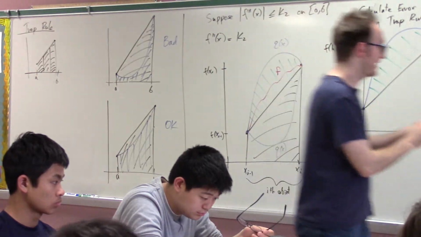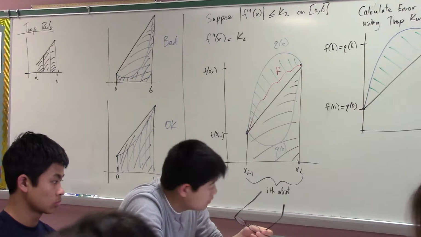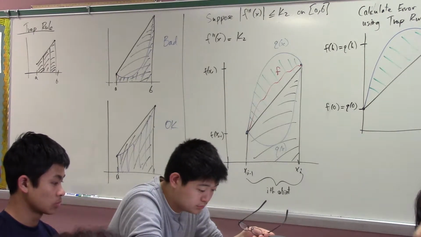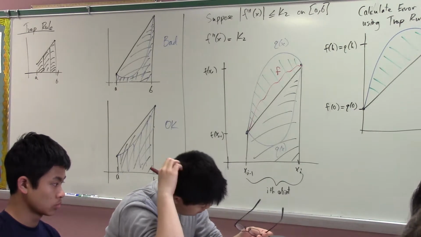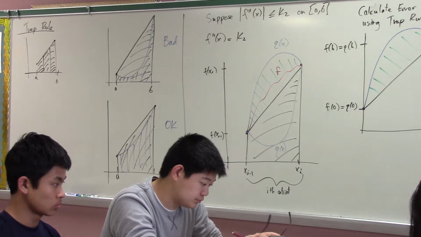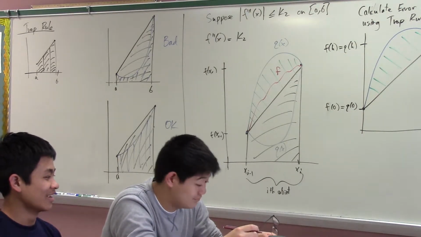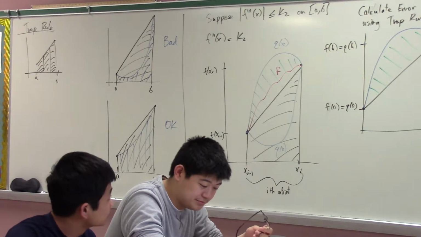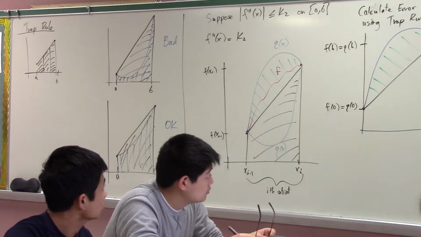Well, there's one thing I know about this q function: its second derivative is k2. So if its second derivative is k2, then we can figure out what this function looks like. What is q prime then? k2x plus c.